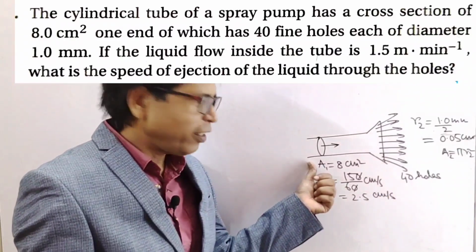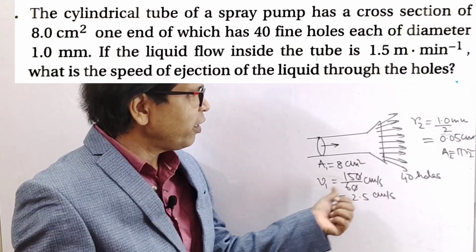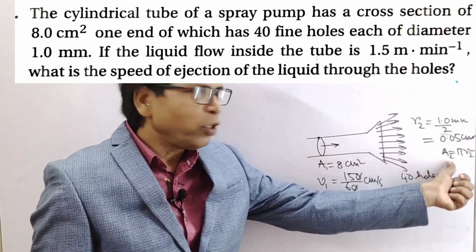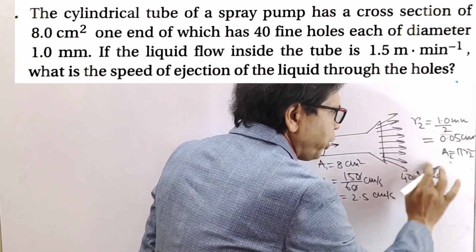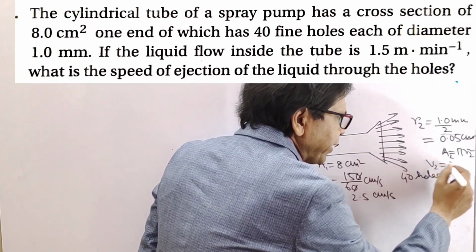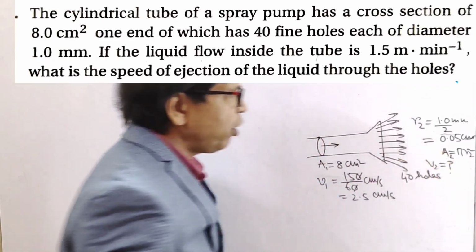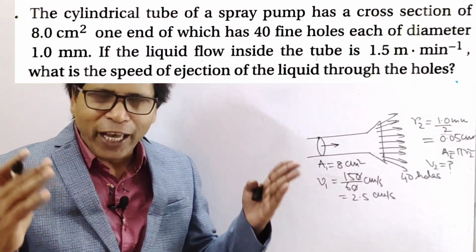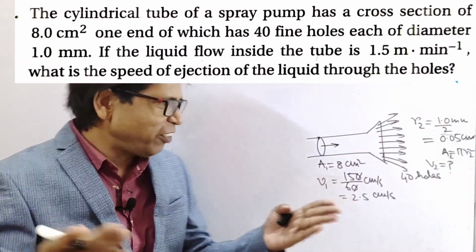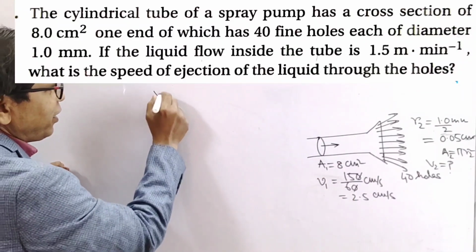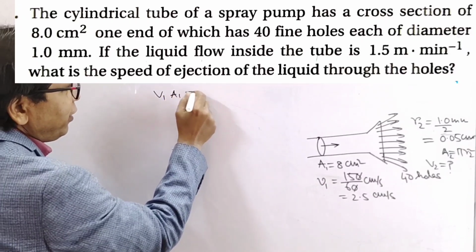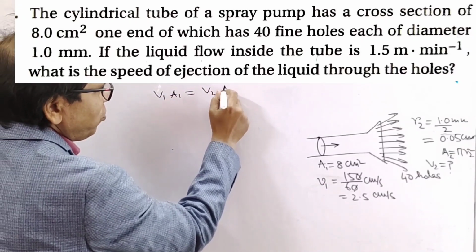Here A1 is given, v1 is given, and A2 is also given. Now we have to calculate the velocity of ejection through each hole. If we apply the equation of continuity, we get v1 A1 equals v2 A2.